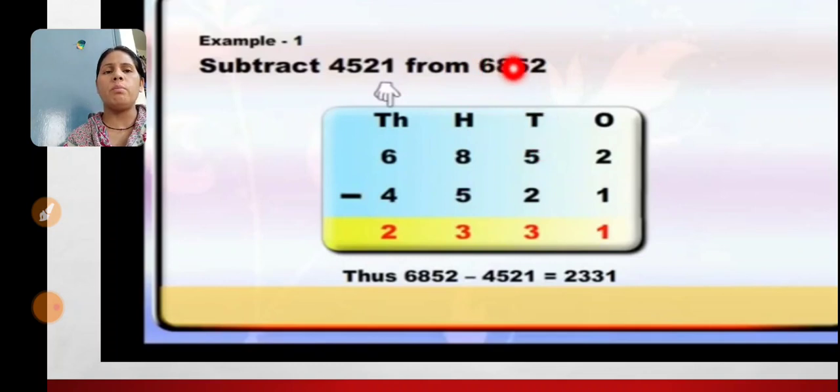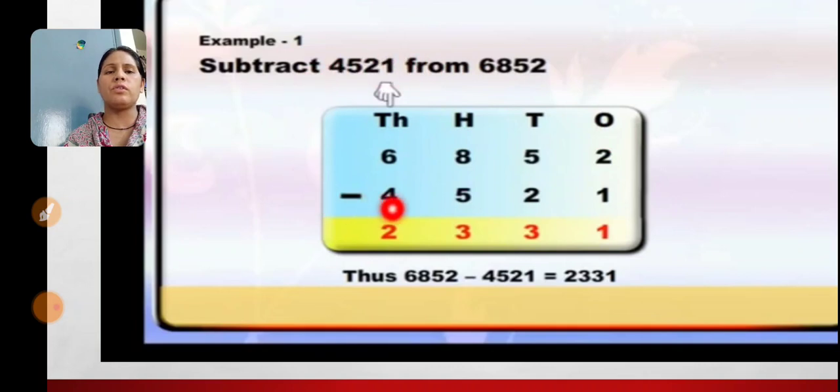So I will put this number on the top, and that is the smaller number. This number is going to be subtracted from this number, that is why this number is called subtrahend, and this number we will put below the minuend.